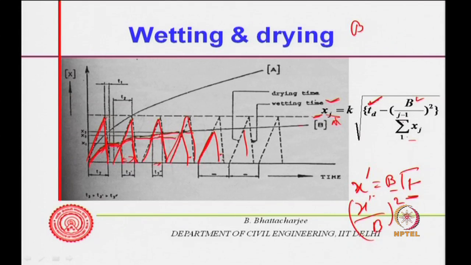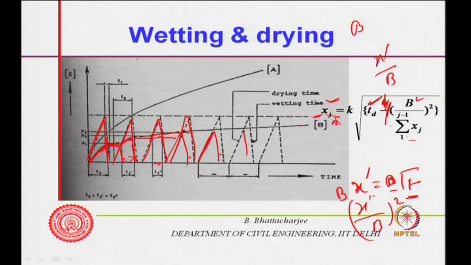I think it's 1 over that, because if I write it the other way round, x dash is B root T, so then I will have T equals x dash square by B square. So, this should be 1 over that, 1 over B divided by this, square.